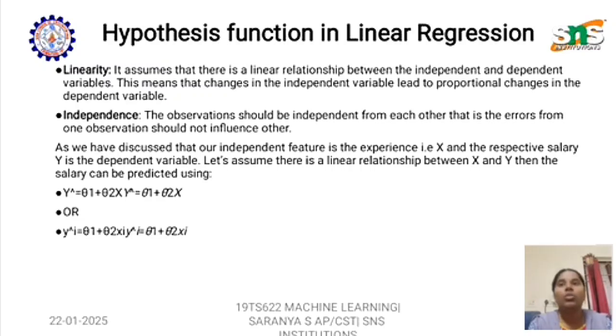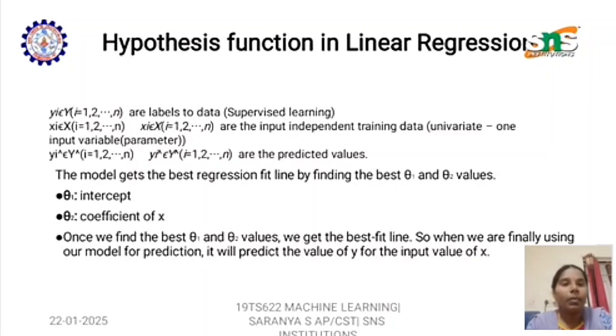Here the model aims to get the best regression fit by finding the best theta 1 and theta 2 values, where theta 1 is the intercept and theta 2 is the coefficient of x. Once we find the best theta 1 and theta 2 values, we get the best fit line.